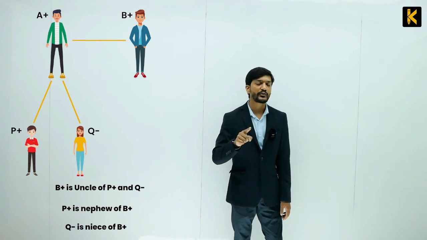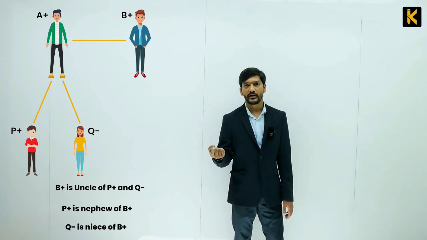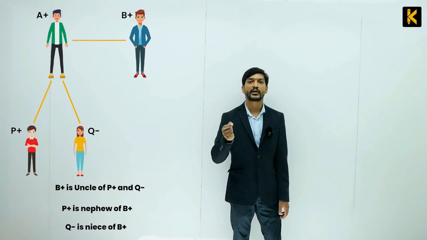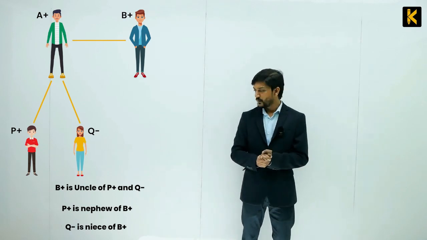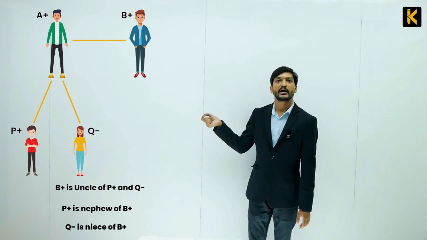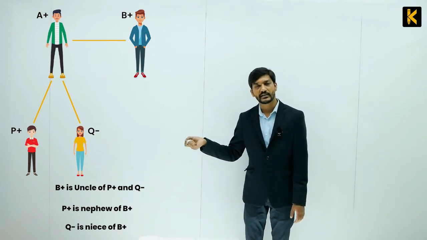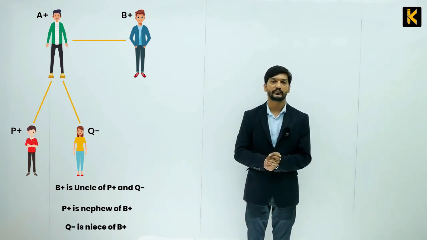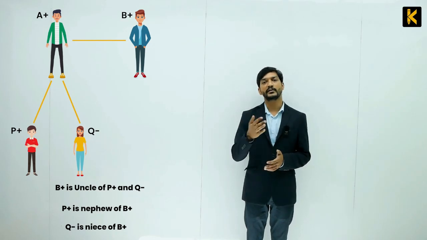You will not use niece for a boy and you will not use nephew for a girl. So P is the nephew of B and Q is the niece of B.